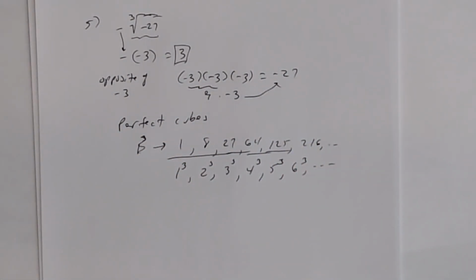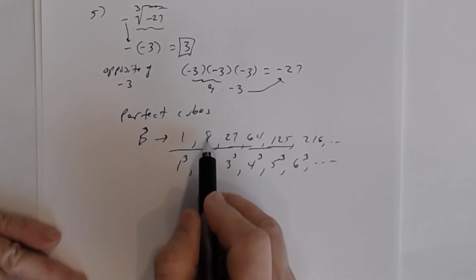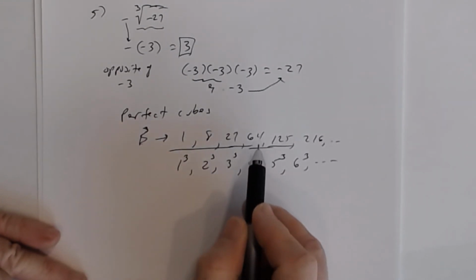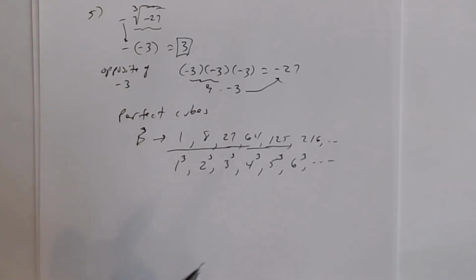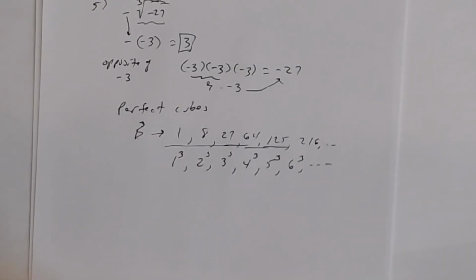So those are your perfect cubes, meaning that when you take the cube root of 1, you get 1. When you take the cube root of 8, you get 2. When you take the cube root of 27, you get 3, and so on. All right?